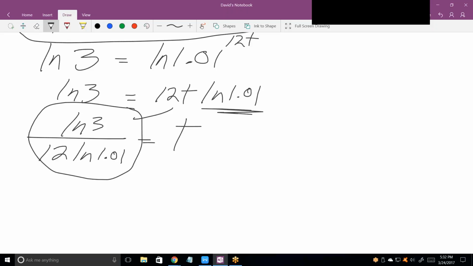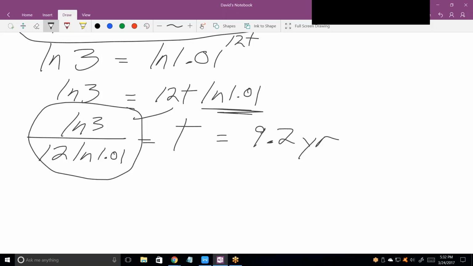But usually these questions where they want to know time, then you want to give them time in years. So what is that number? 9.2 years. And that makes sense. That you would increase your money by a factor of 3 in 9.2 years if you could earn 12% a year on it.